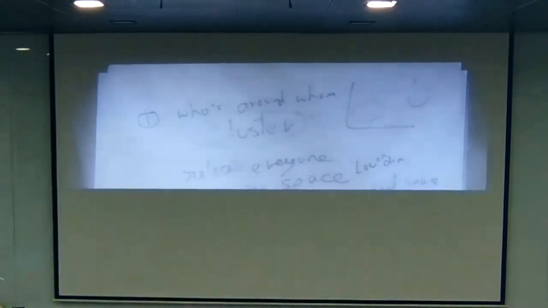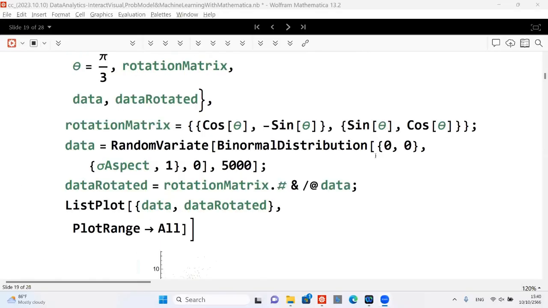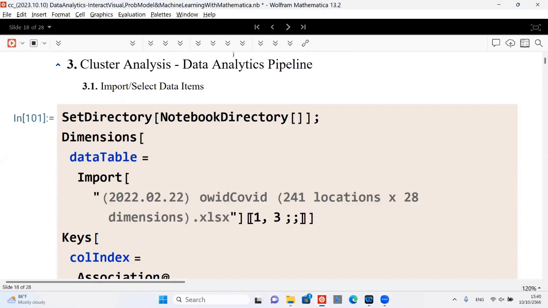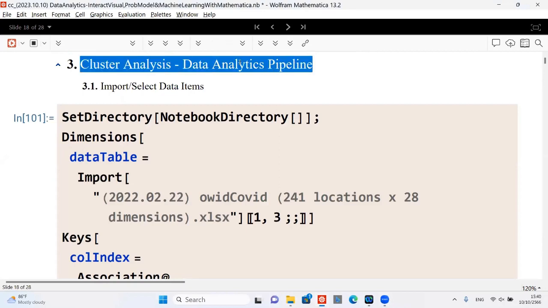I'll just show you real quick. The game plan is as follows. Okay, this is called data analysis plan.